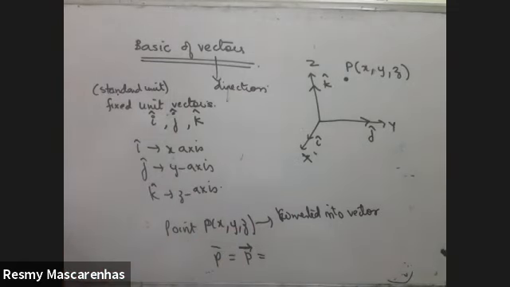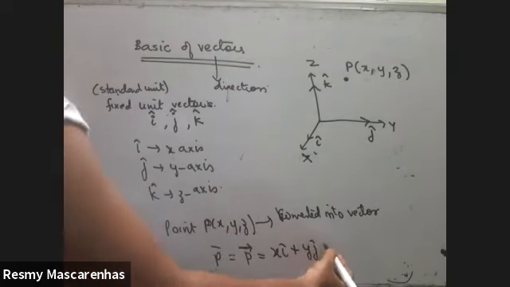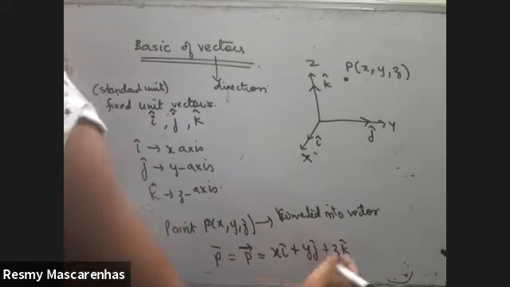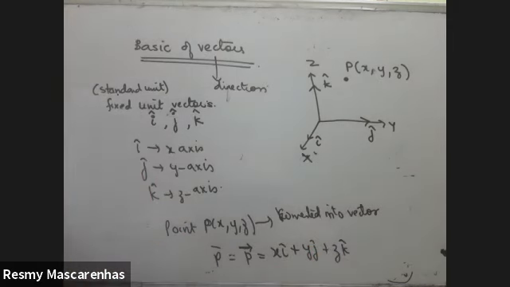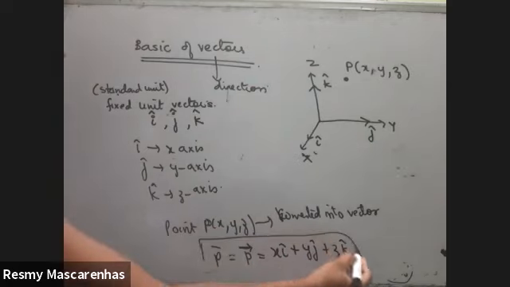Any point can be converted into a vector by just putting a bar or an arrow on top of it. For x, I just give i cap, for y, I put j cap, and for z, I give k cap. So I have put a direction for the x-axis, the y-axis, and the z coordinate, and then I converted a point into a vector. This is a fixed way. Any point can be converted into a vector. This is called a vector.